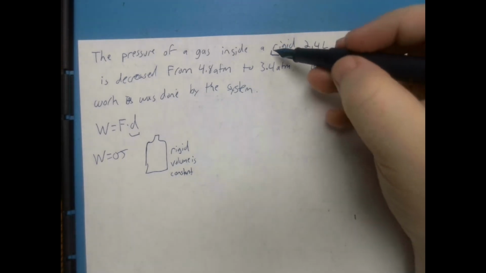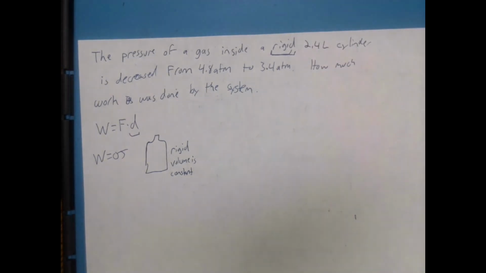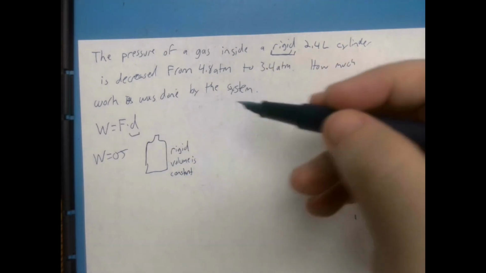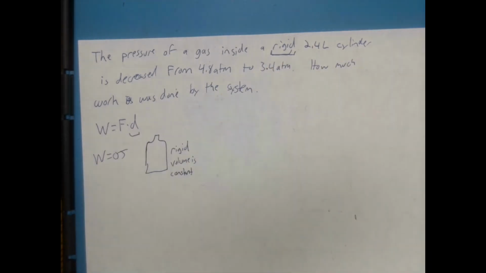If it says that the cylinder is rigid, it's usually saying that you can't push on the gas inside. That's a sealed container, which means the only way you can increase the pressure or decrease it is by changing temperature. So basically, this is a zero work problem.